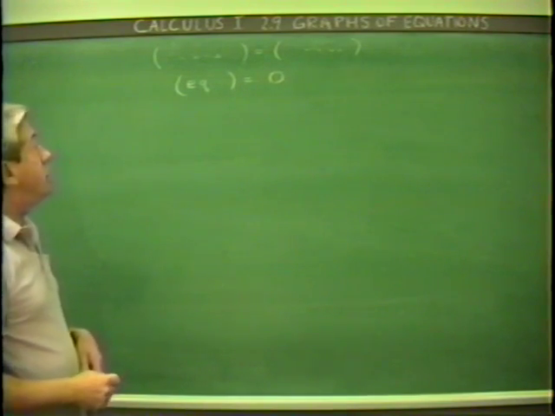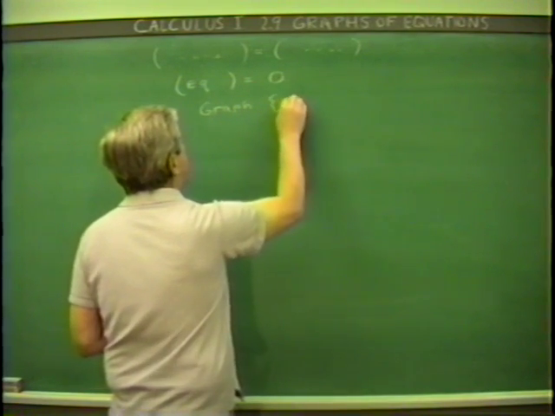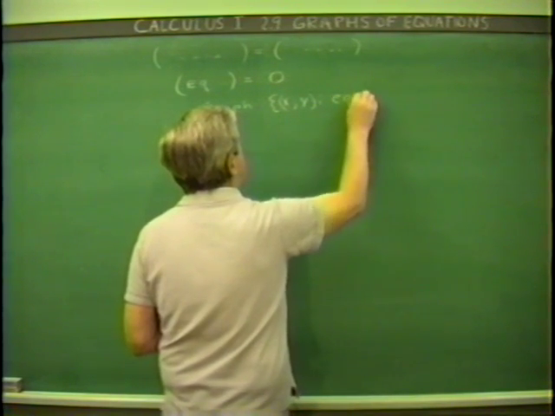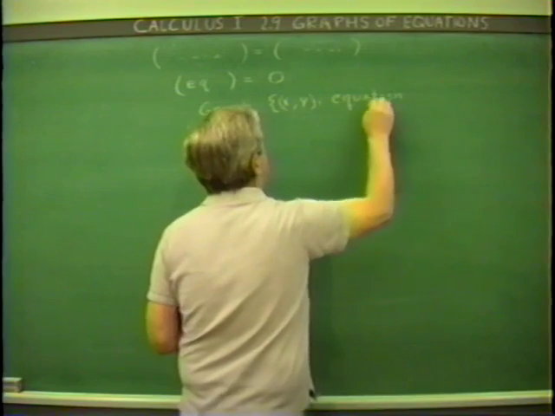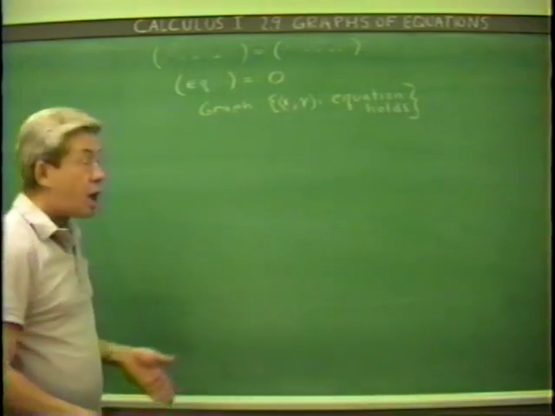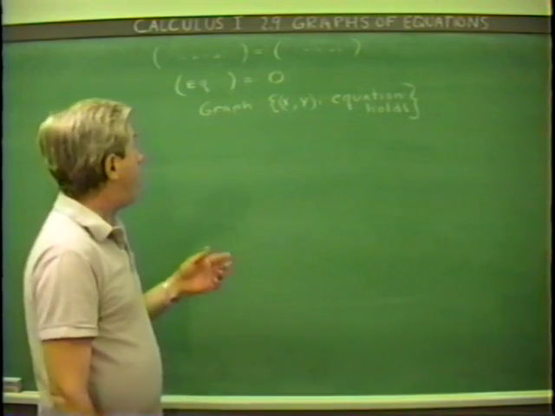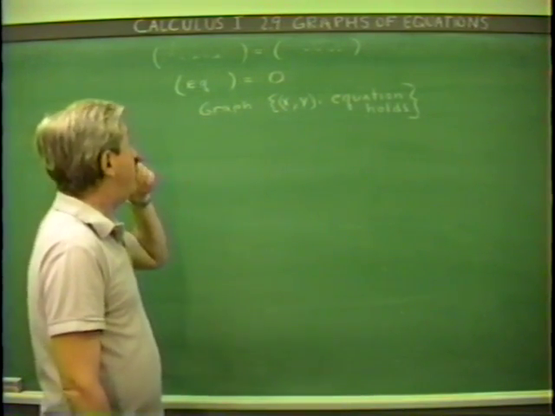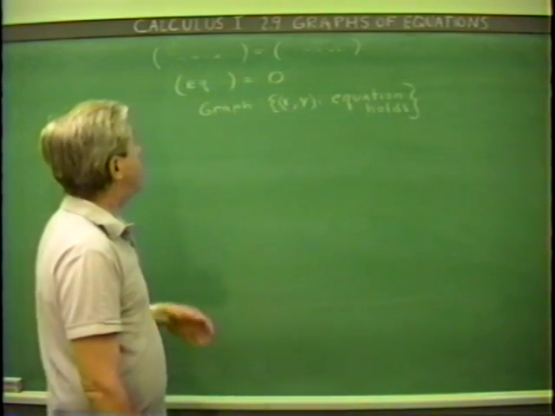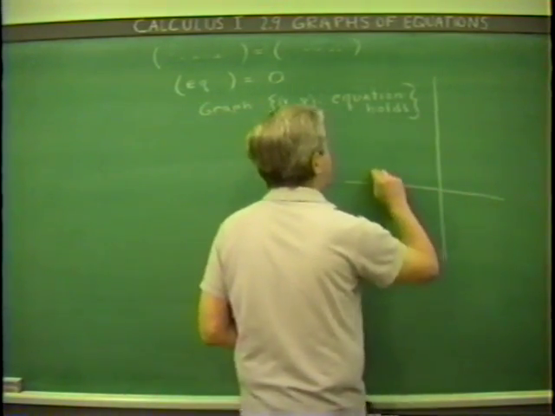The graph of an equation is the set of all pairs x, y such that the equation holds. Generally, if you've got an algebra equation involving x and y, or involving trig functions or general arithmetical relationships, the graph of an equation is going to look like some sort of a curve or curves.